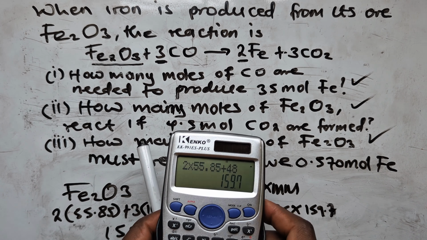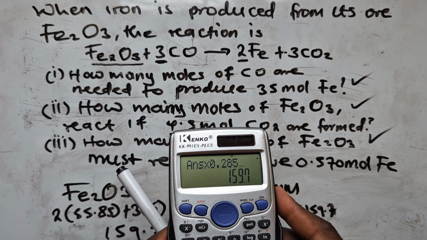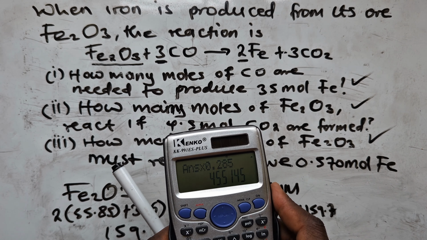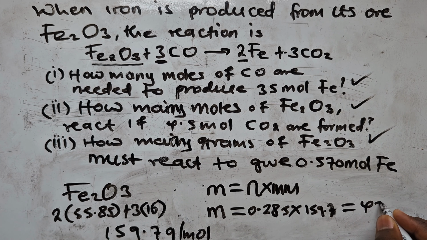Perfect. So the number which is here, I'll just say multiply this by 0.285, and I'm getting 45.515. 45.515 grams. That is the mass which was produced for iron ore after the reaction.